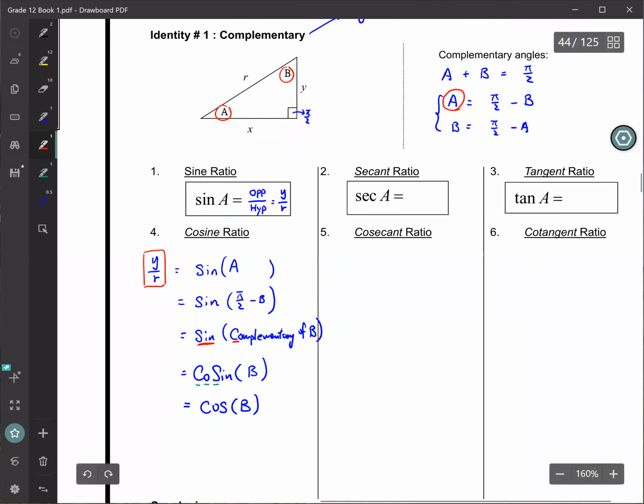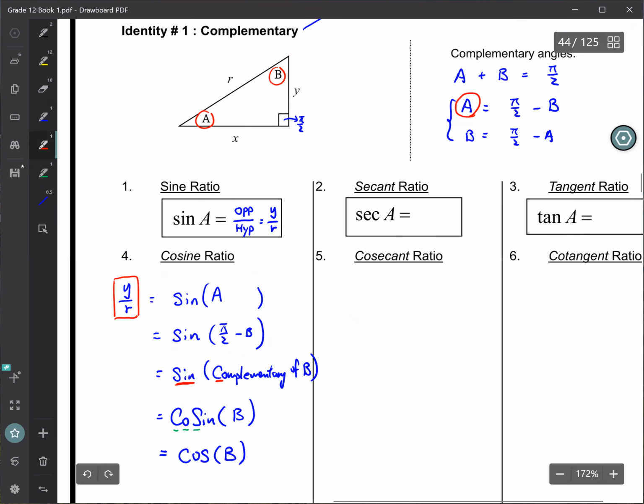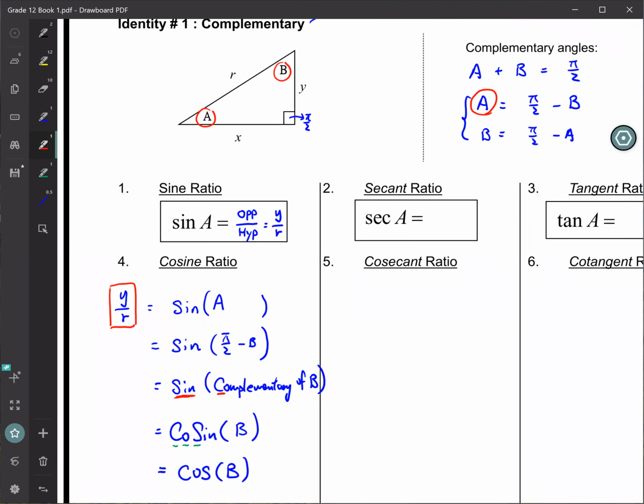Okay, so let's look at the sides. If you look from angle B, everybody please look at angle B in the picture. If the cosine of angle B is y over r, if you look from B, what's the name of this y? The name of the side for y.